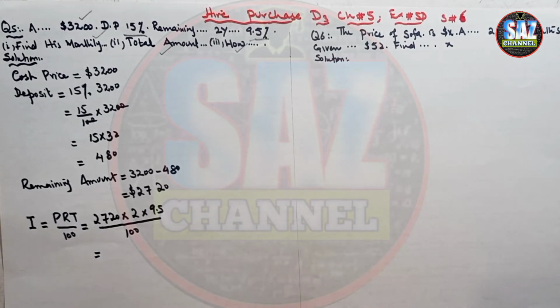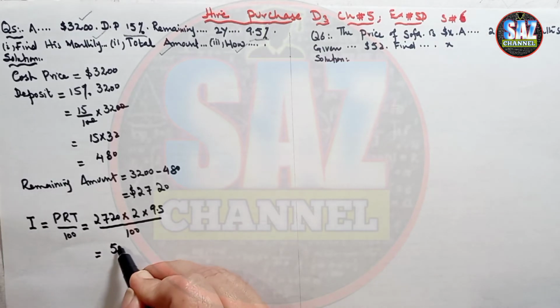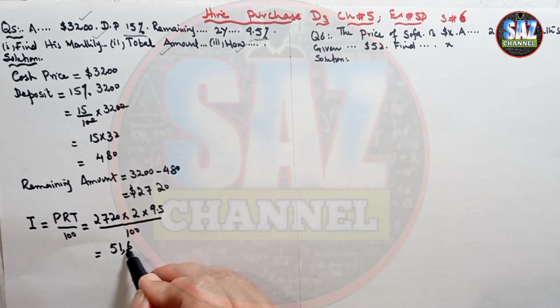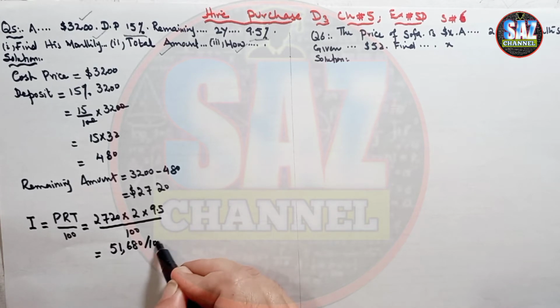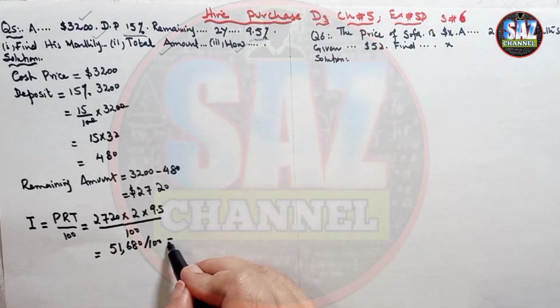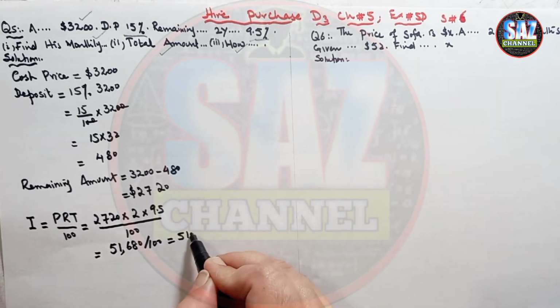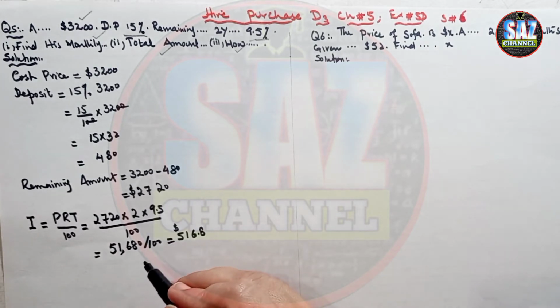So 2720 multiplied by 2 multiplied by 9.5 is 51,680 upon 100, divided by 100, and this gives me 516.8. 516.8 is the amount of interest that he has to pay.